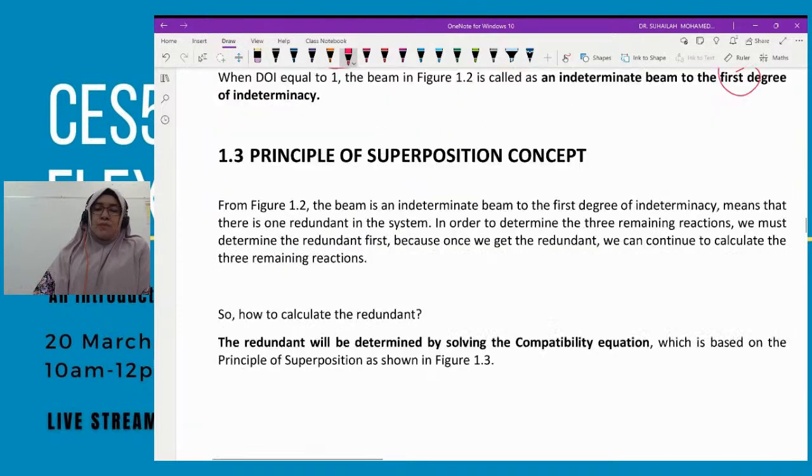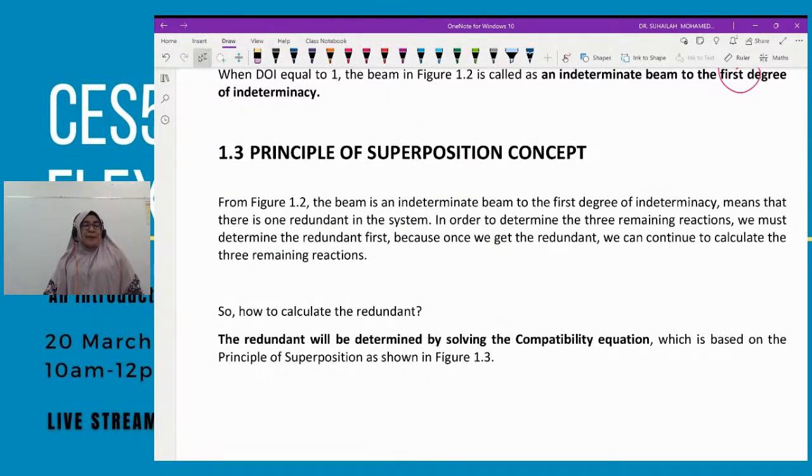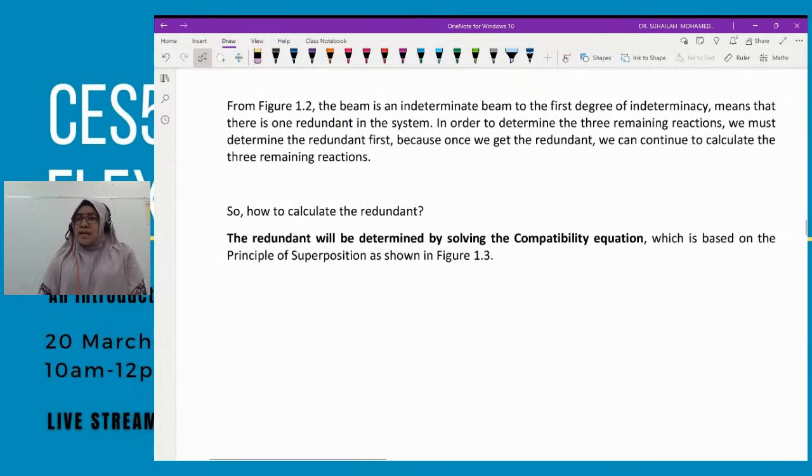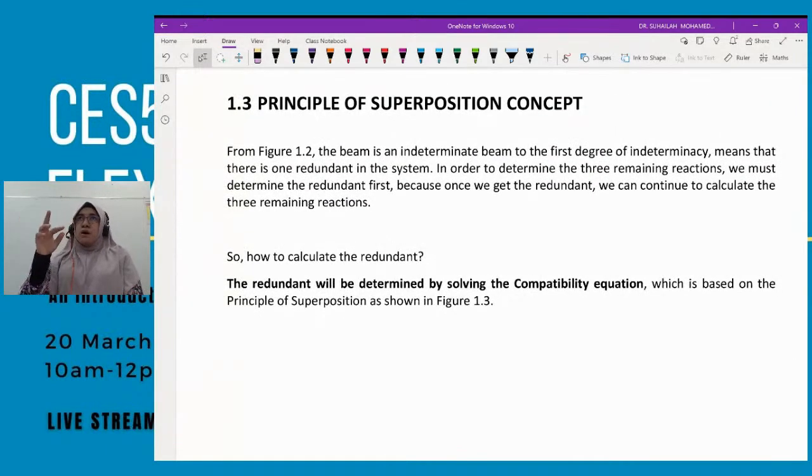Okay, so now we move to what actually the principle of superposition is. Have you used this principle previously? Have you come across it anywhere? Have you heard of it before? Okay, here I have an example. If you search for the principle of superposition, you will see the concept.